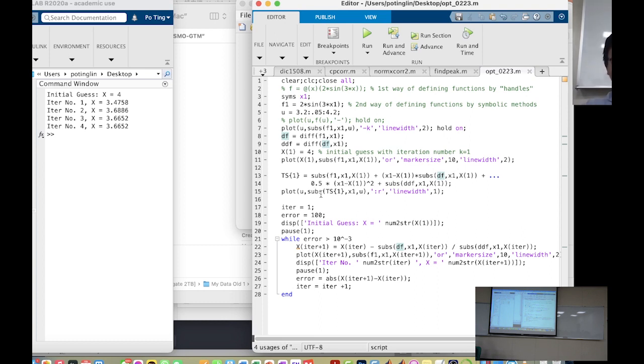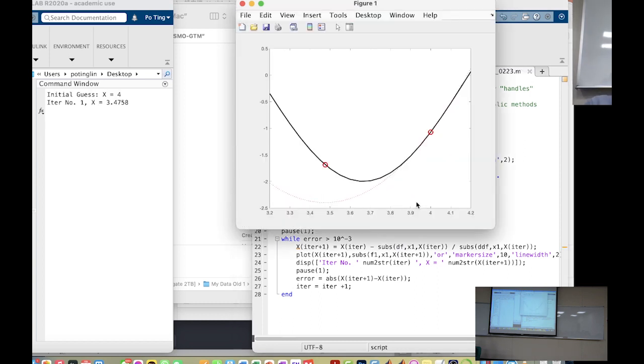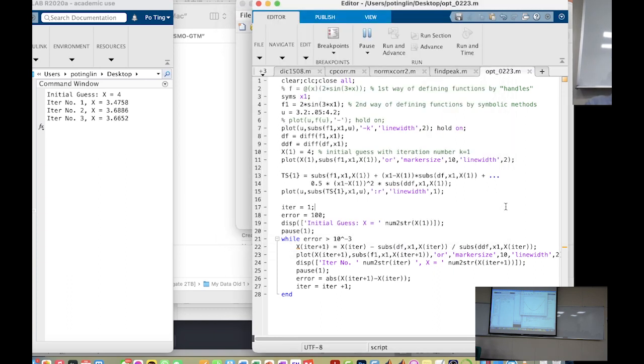It looks correct. Taylor expansion 1. Multiply. Right here. Yes. Maybe thicker.